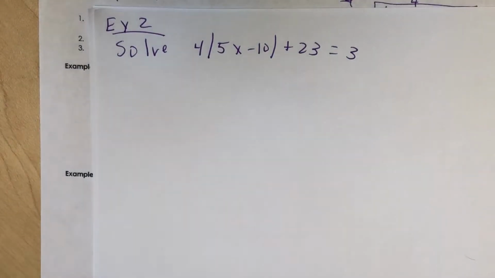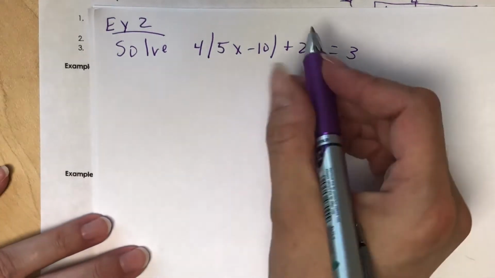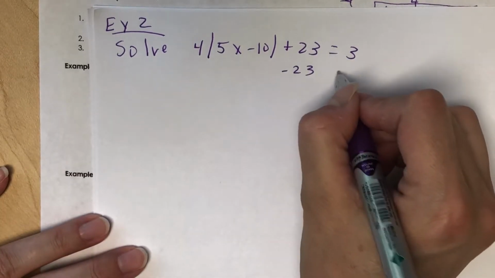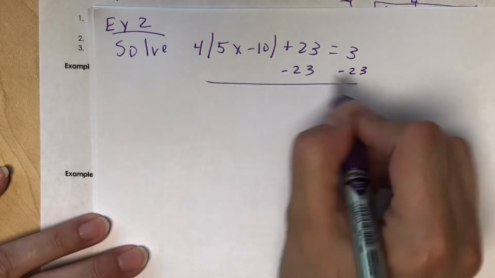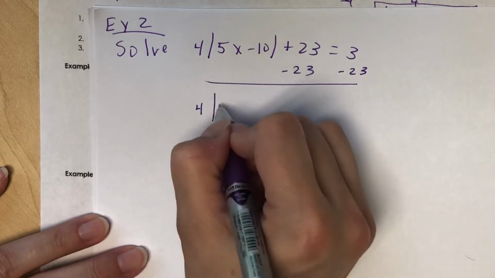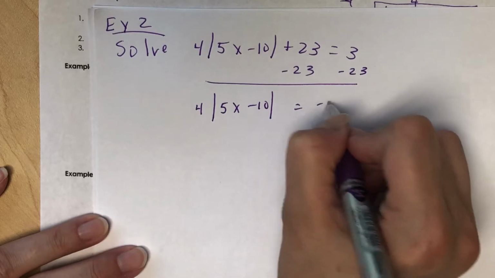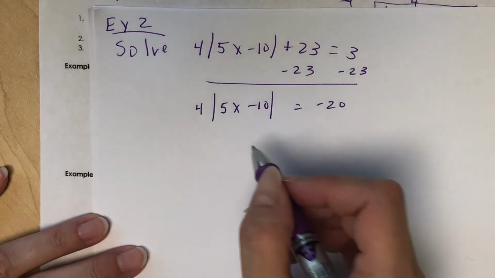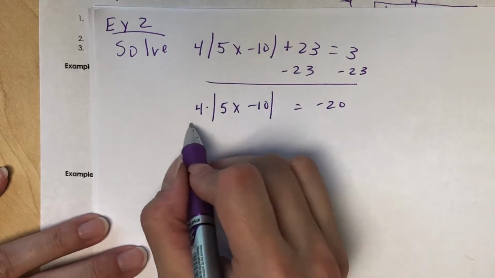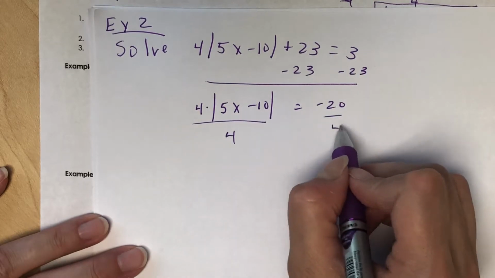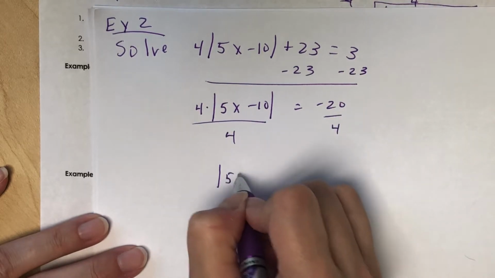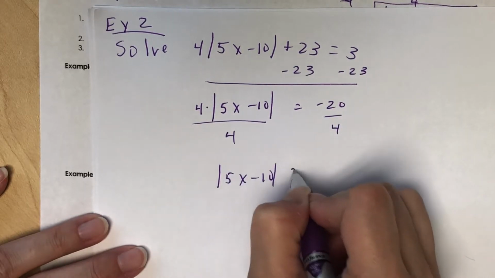So my first step will be to subtract 23 on both sides. I have 4 times the absolute value of 5x minus 10 equals negative 20. And then divide both sides by 4. So the absolute value of 5x minus 10 equals negative 5.